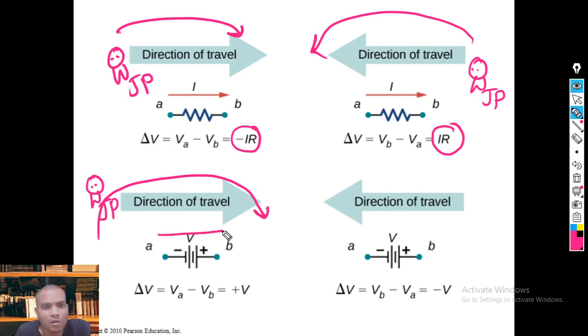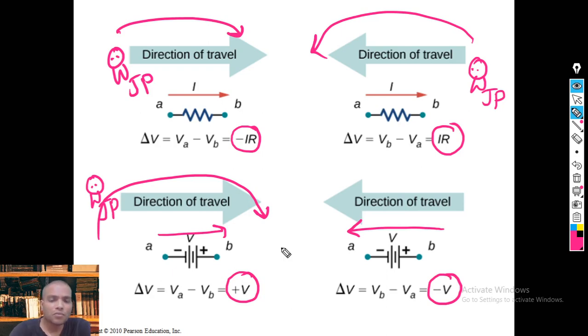It means you are traveling along the loop in this direction, from negative to positive. We take that cell potential difference as positive. Similarly, when you are crossing a cell from positive to negative, you take the cell potential difference, the EMF value, as negative. So these four sign conventions we will use to write the expression for a given circuit using the Kirchhoff laws.